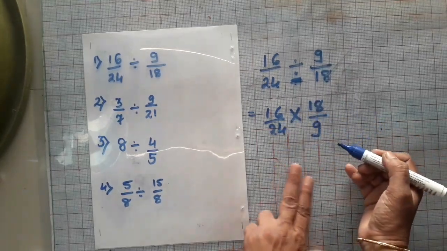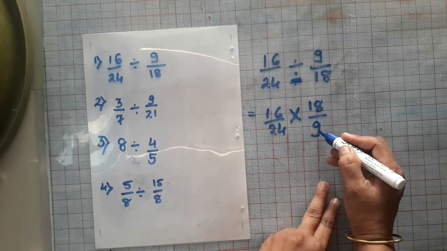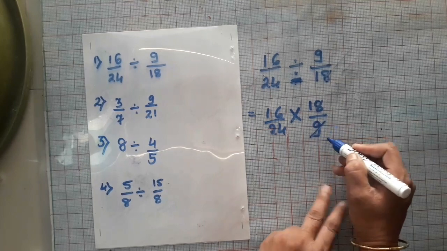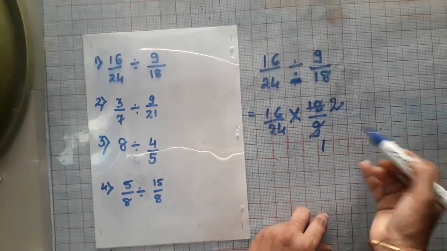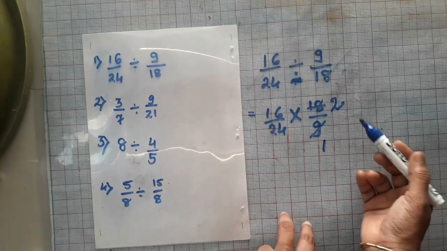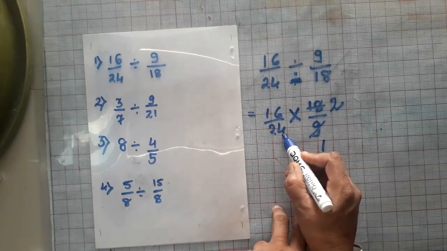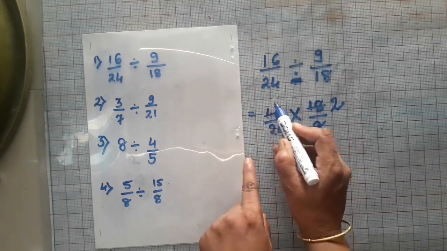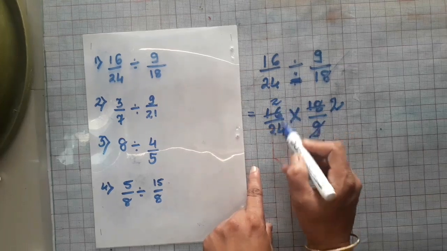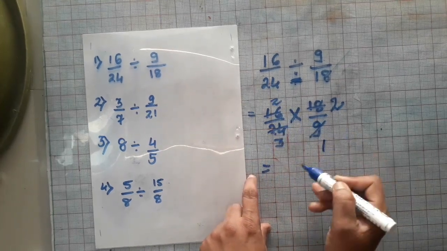So here, as you know, 9 and 18 simultaneously come in the 9 table. So 9 1s are 9, 9 2s are 18. So you can cut this. 16 and 24 simultaneously come in the table of 8. So in the table of 8, 8 2s are 16 and 8 3s are 24. Now what is left out here?